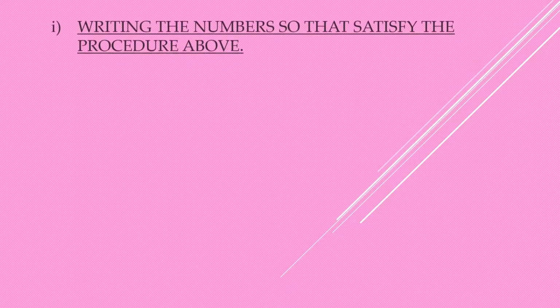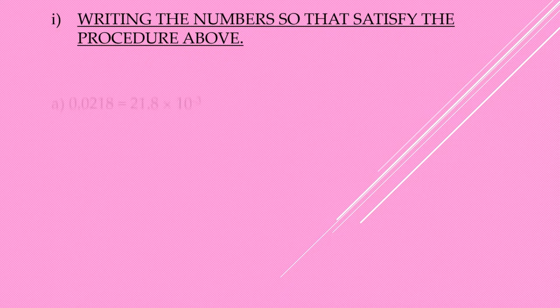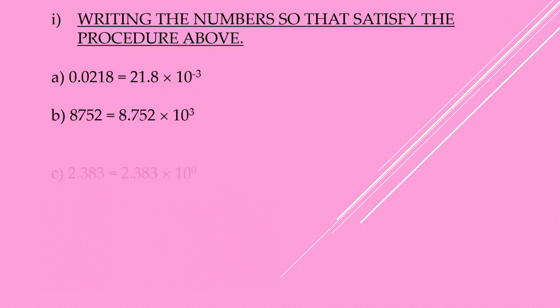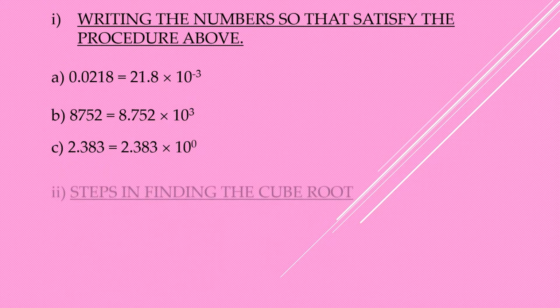For our procedure above to be satisfied, we are supposed to write these numbers as follows. 0.0218 should be written as 21.8 times 10 raised to power -3. So we have to ensure that the power is a number divisible by what? 3.